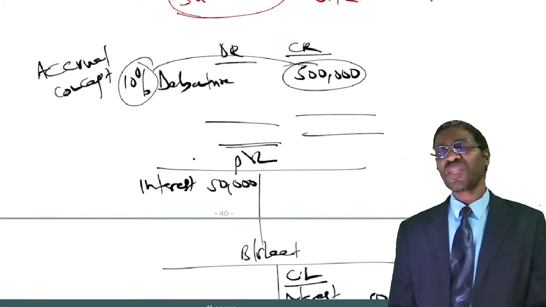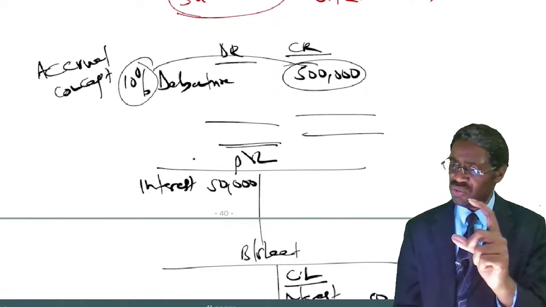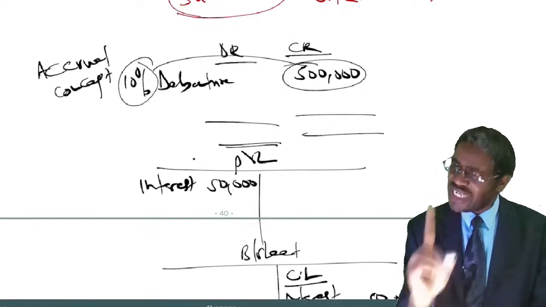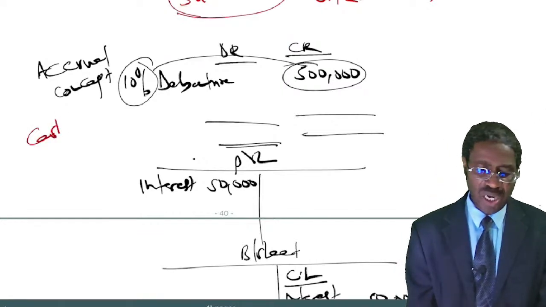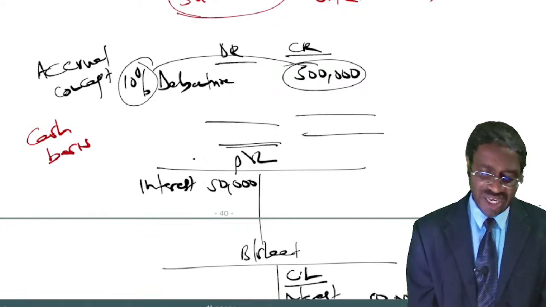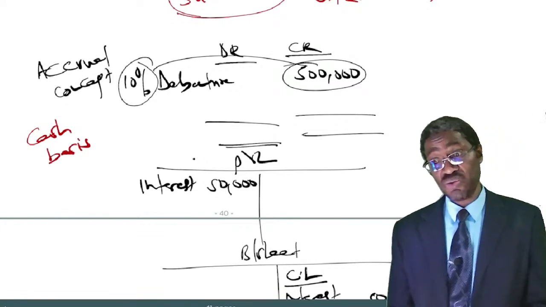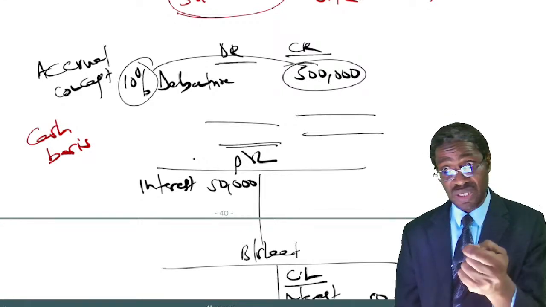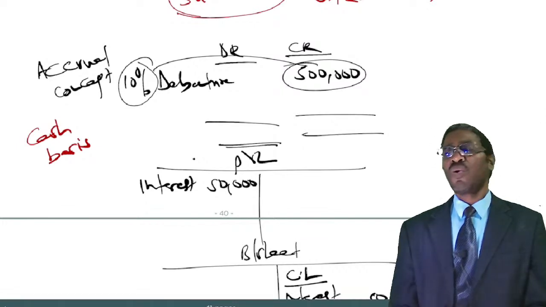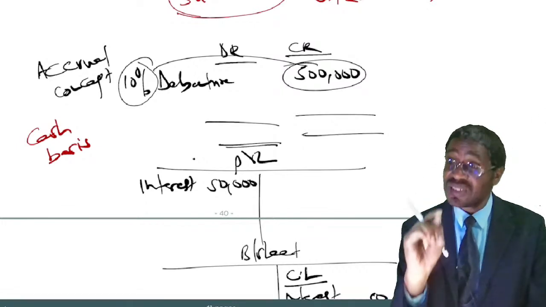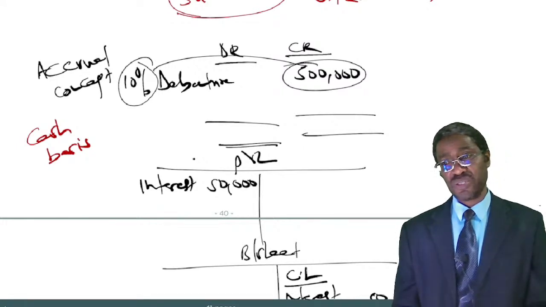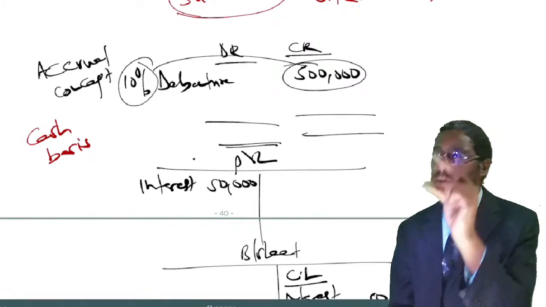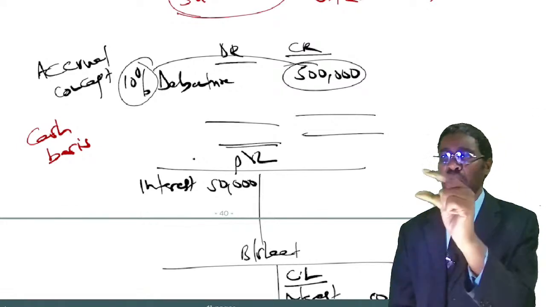Suppose the question tells you that for tax purposes, interest is recognized on cash basis. When will the taxman recognize that 50 as an expense? He will recognize it in the year it is paid.